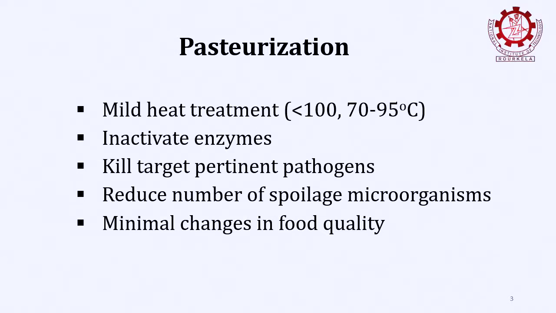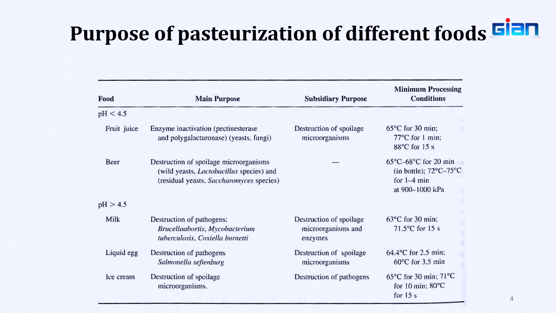Depending upon the process, we choose a target pathogen, and then we design a process for that target pathogen. In terms of spoilage microorganisms, we do not kill everything, but we reduce the number significantly so that we are able to store them for our intended shelf life. And we want to make sure that we have minimal changes in our food quality.